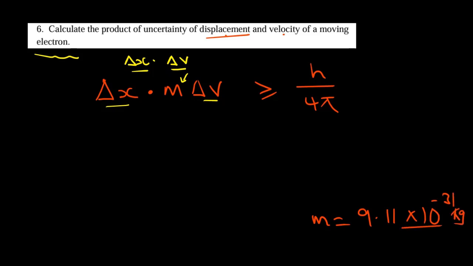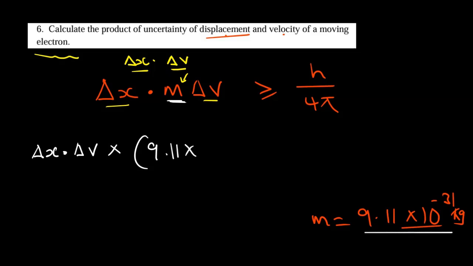Okay, so here I'll write it in this form. I'll say the change in x multiplied by the change in v, and then multiplied by this m here, which is the mass of the electron. So it will be 9.11 times 10 to the power minus 31 is greater than or equal to h, the Planck's constant, which is just 6.626 times 10 to the power minus 34.